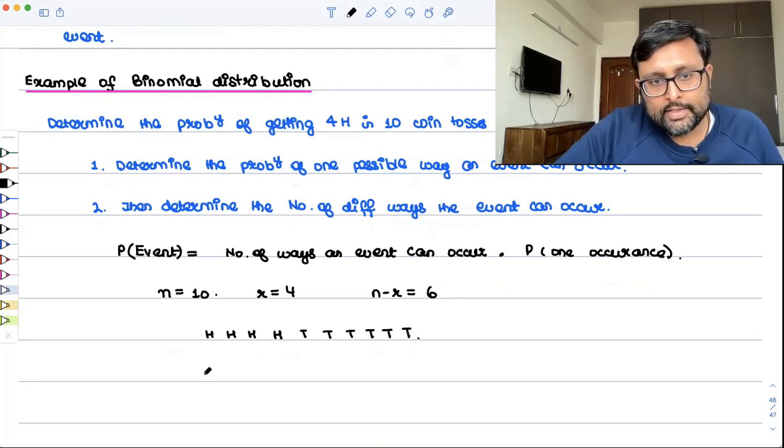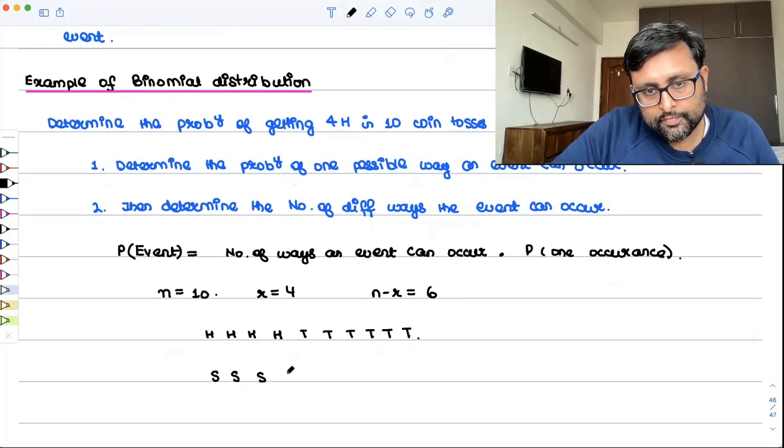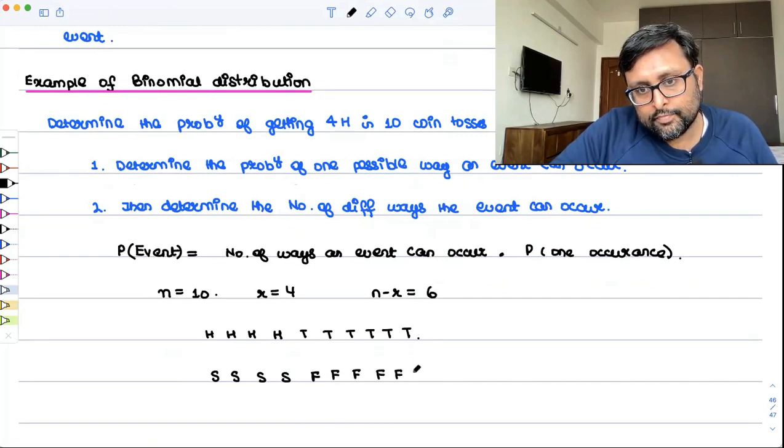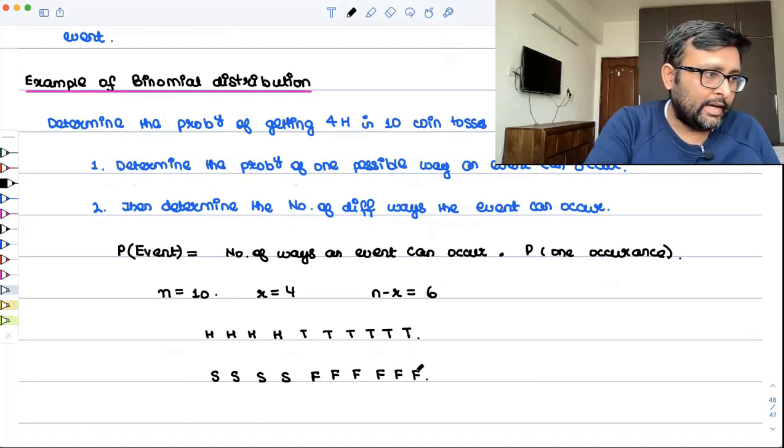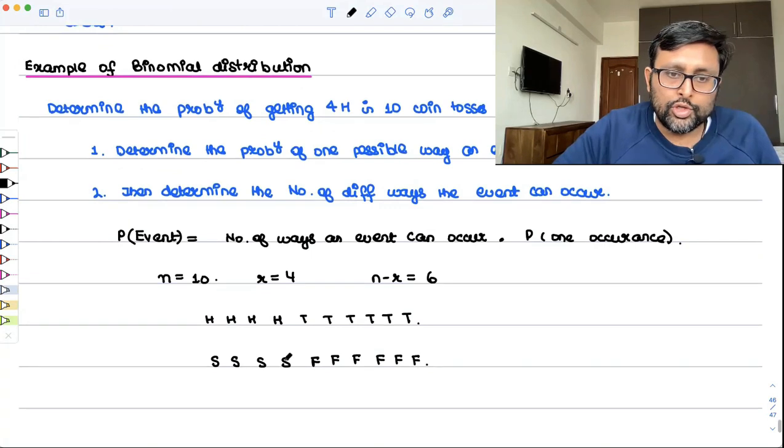You can get this. So getting head is what we call success, and getting tail is what we call failure, right? So more generally, p is the probability of success, q is the probability of failure.